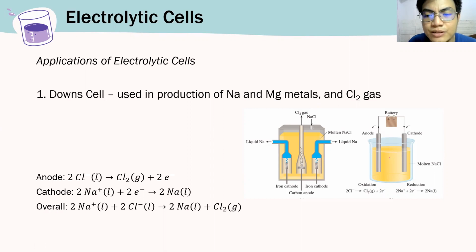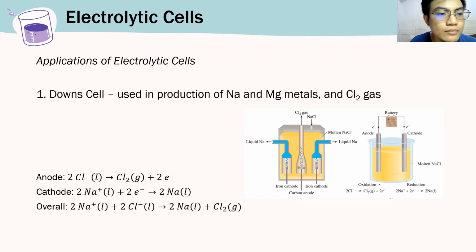So basically, you have the solution of molten sodium chloride, and when you add electricity to it, the sodium chloride turns into chlorine gas and sodium metal. Okay. So again, maraming purpose yan. Maraming uses yung chlorine gas and the sodium metal.